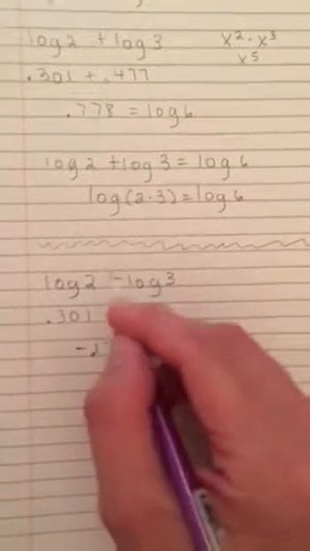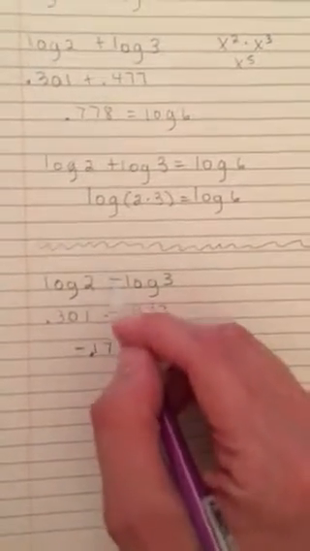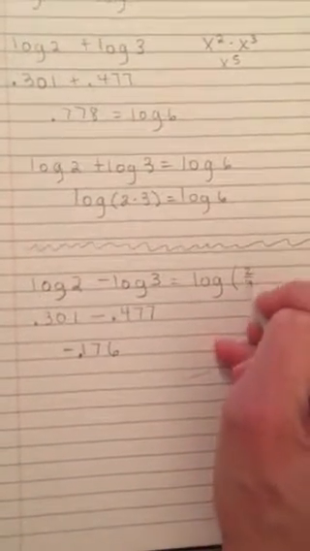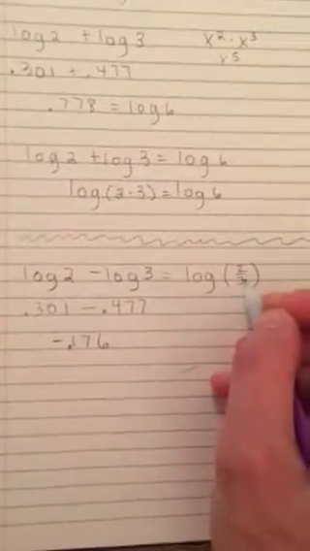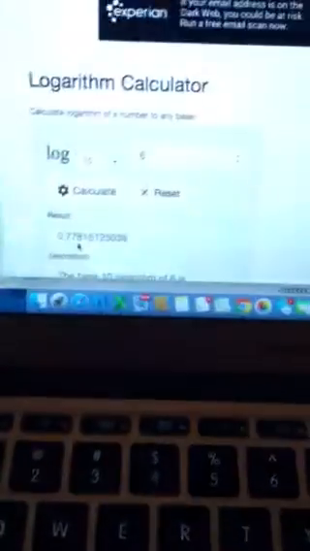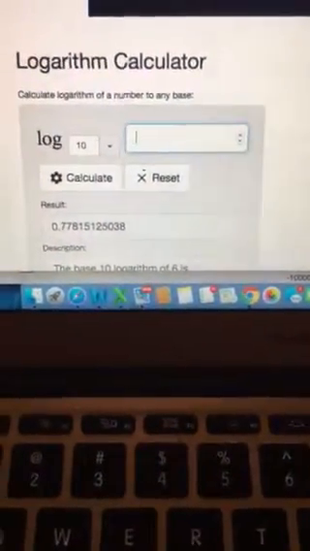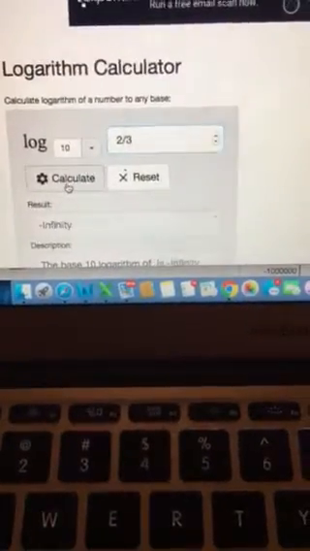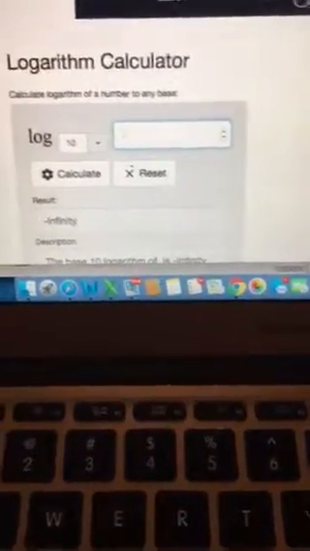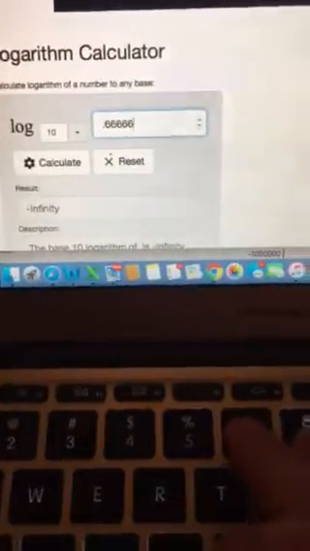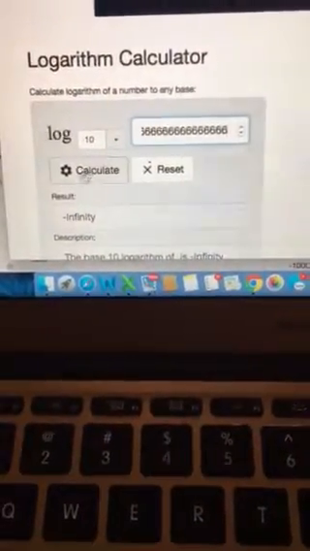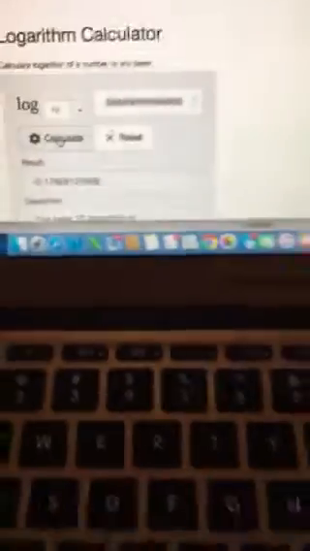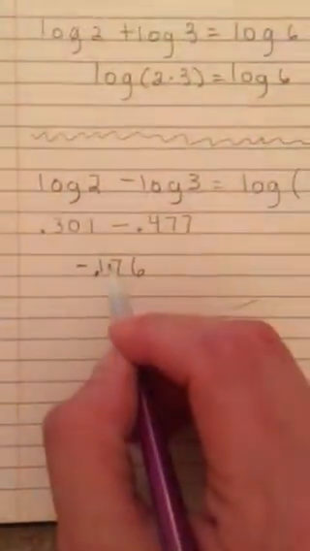So I'm wondering what a minus sign is going to act like, and this should be equivalent to the division of the two values. So let's see what's going on here. I'm going to change this to log base 10 of 2/3. I'm going to hit calculate. Oh, I don't think it knew that value. 0.666666, so 2/3. And what do you know? Negative 0.176, which was equivalent to what we see here.